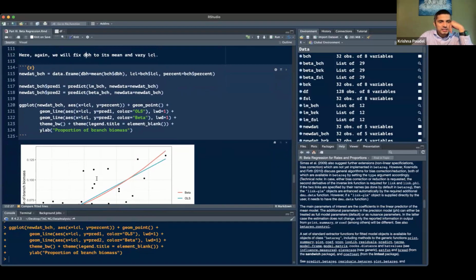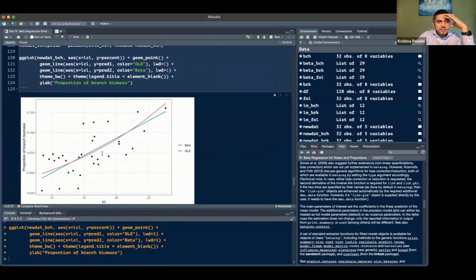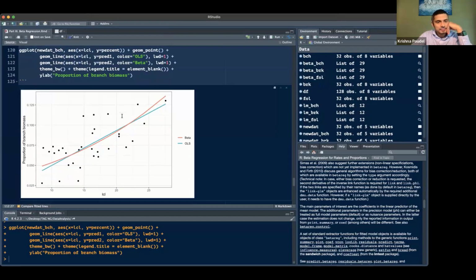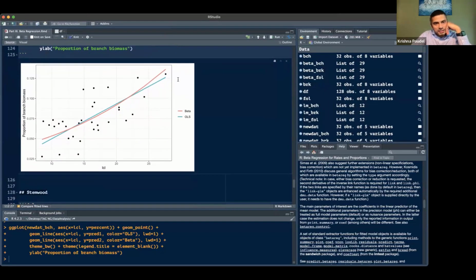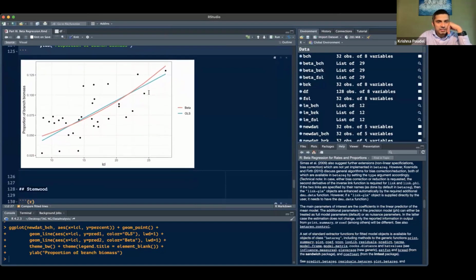So this graph is basically telling us how the branch biomass changes for a given mean DBH and different live crown length. Okay, so increasing live crown length should increase branch biomass, which is what we see here.